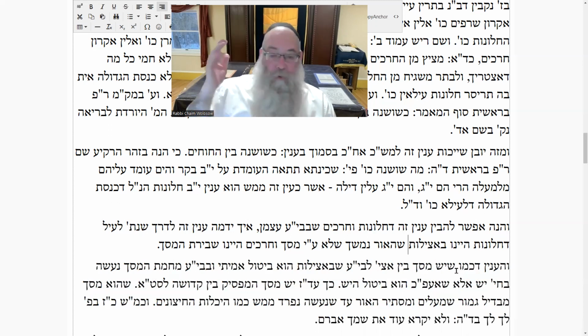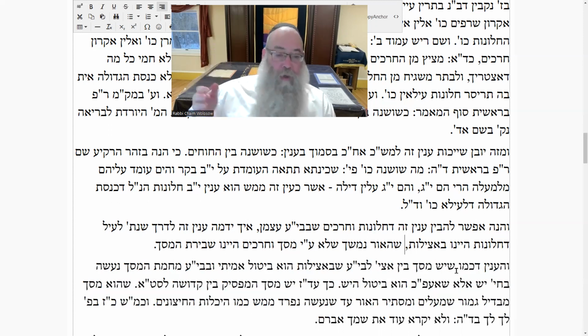Earlier we said that the windows are in Atzilus, which means the light comes not through a curtain and cracks. It's open. It's an open window. Coming through a curtain and cracks means you have to break through the curtain. And here we're saying that there's also the idea of chaloines and the cracks within the level of Bria itself.